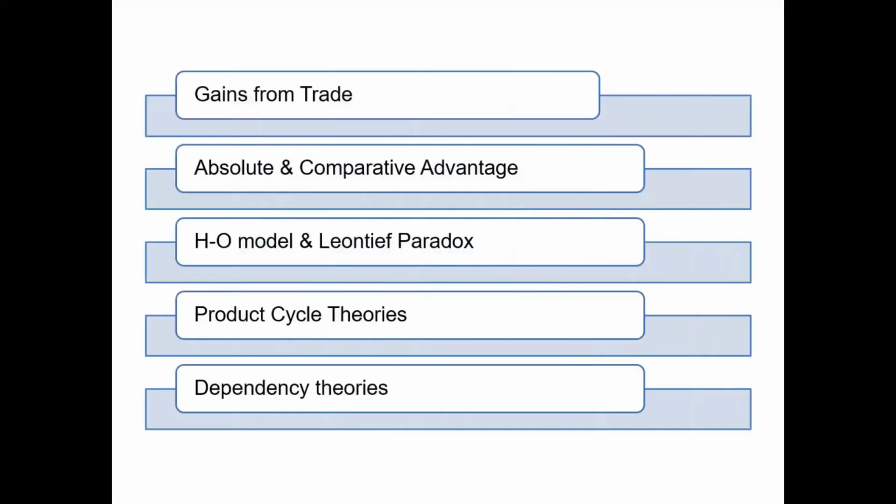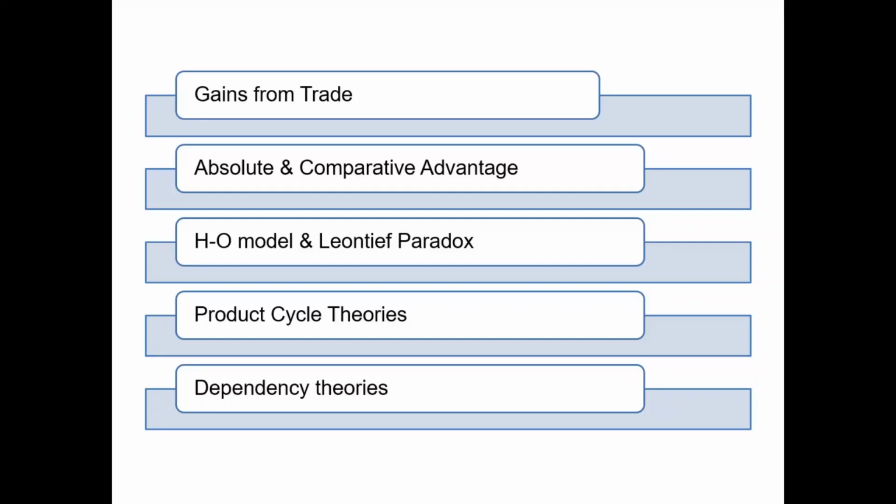Now we'll talk about 5 parts of the underlying theories. And I guess most of them you have heard of in some international trade related courses. Like the first one, the gains from trade. And the second, absolute and comparative advantage.